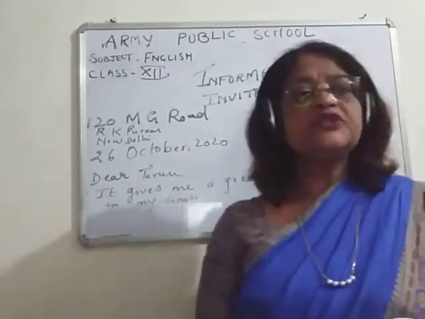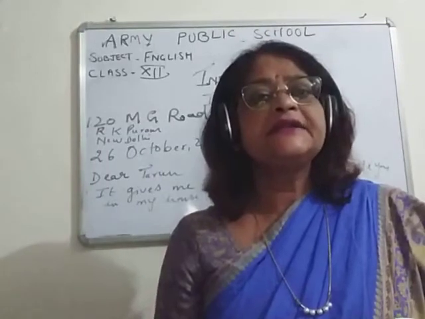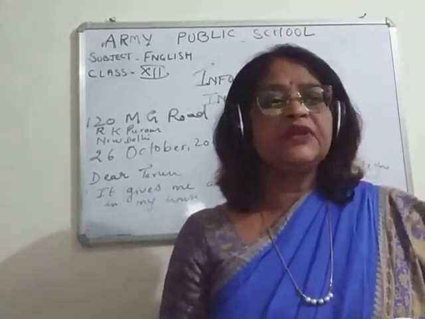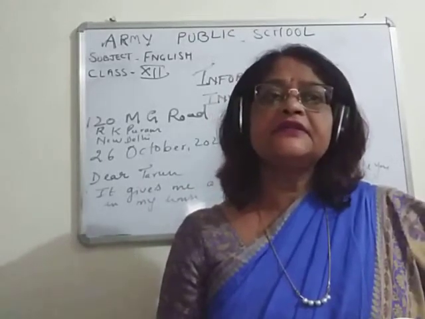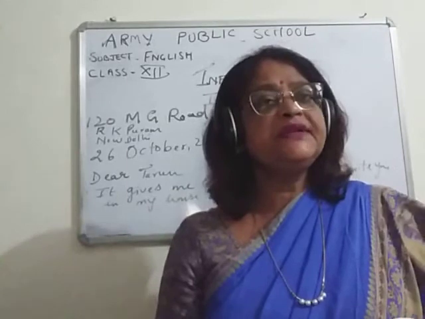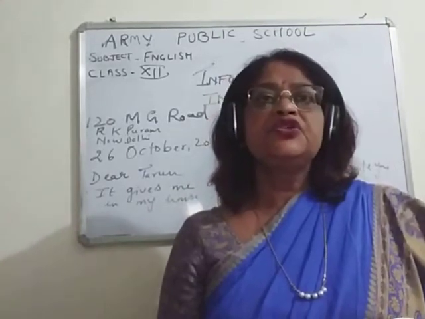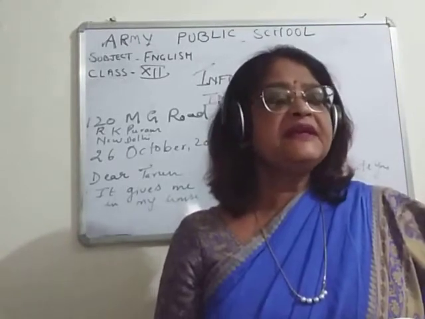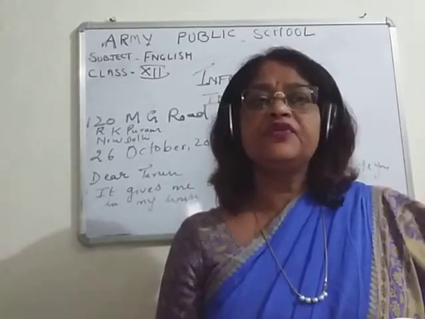One thing, student, you have to see: if that address is given in the question, fine, then you write that address. If that address is not there, then you have to think and write any address. The only thing you have to see, children, is your house number, your lane or street name, then the name of your colony, and then the name of your city should be written.